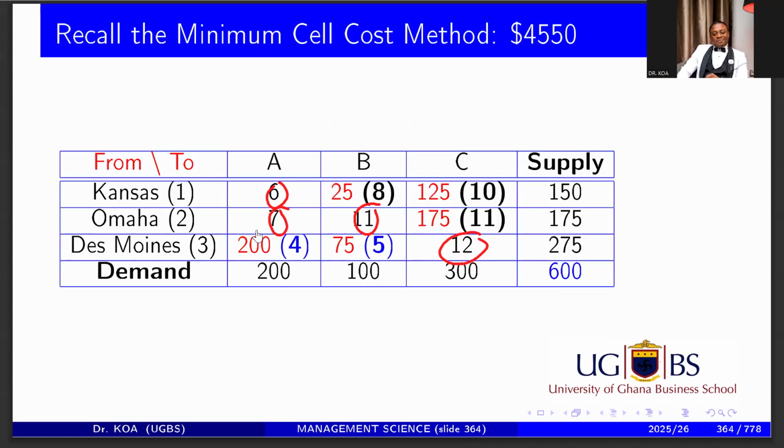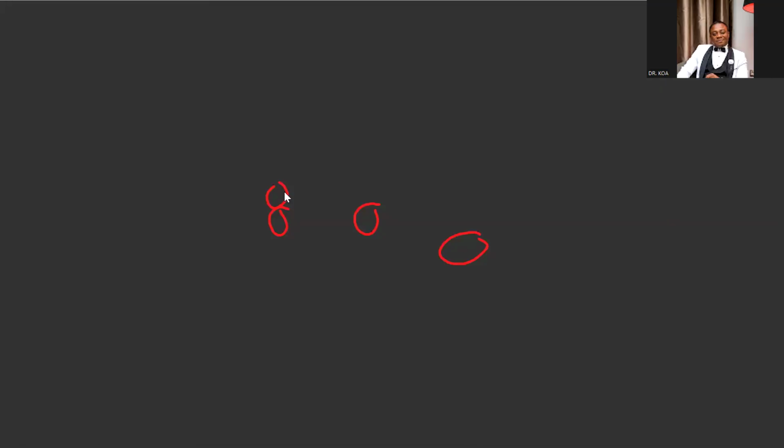If you look at the one we started here, there was no allocation to 6, but we started with 6 because 6 had the lowest cost. But after that lowest cost, subsequent ones, even if it has allocation, you're using those that have an allocation. All right, let me move on.